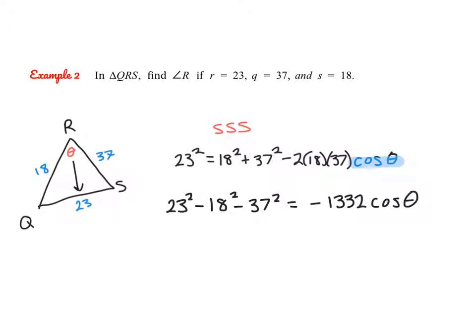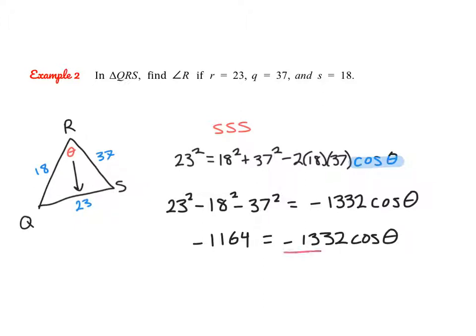And now we can simplify what we see here, and you can just plug that in exactly how you see it to your calculator. 23 squared minus 18 squared minus 37 squared, and you should get negative 1,164 equals the same thing on the right.